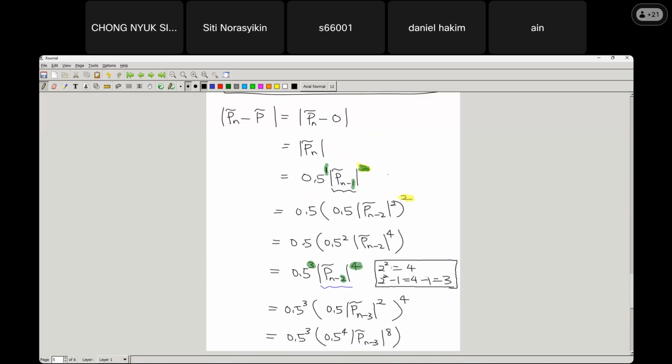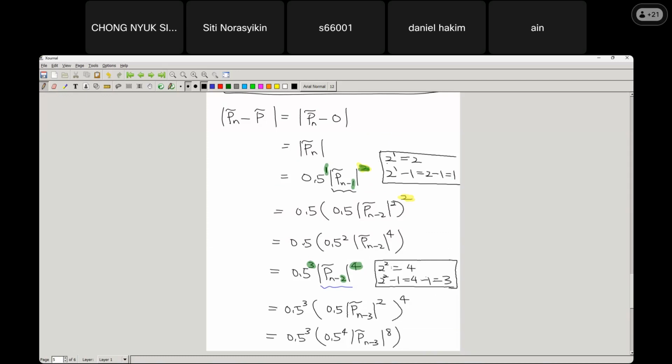Okay, what about 1? I know that 2 power of 1, I get 2. Next, in order for me to get a 1 here, I know that 2 power of 1 minus 1 is 2 minus 1, and I get 1. Oh, you see, you can apply this concept, right?